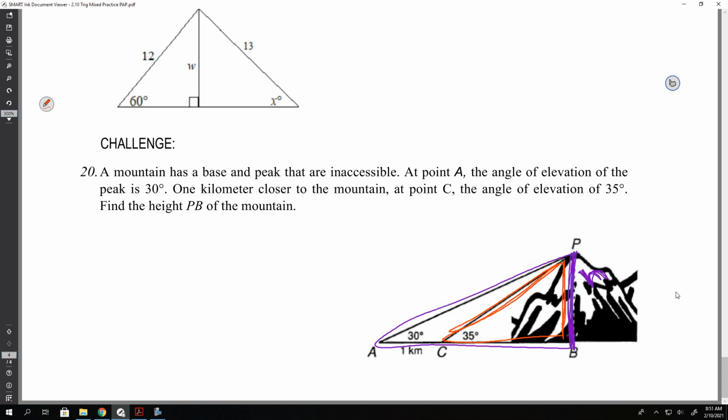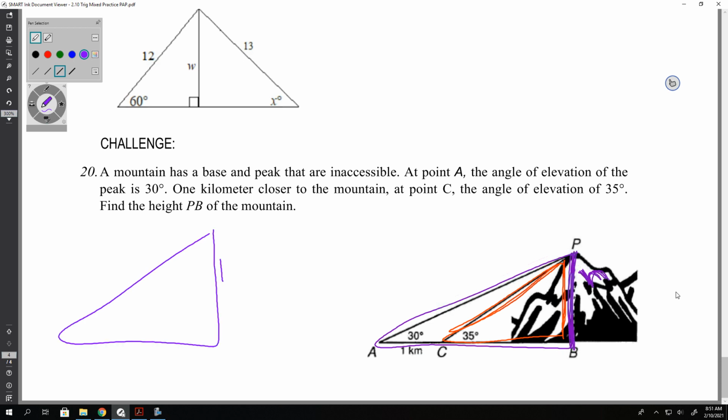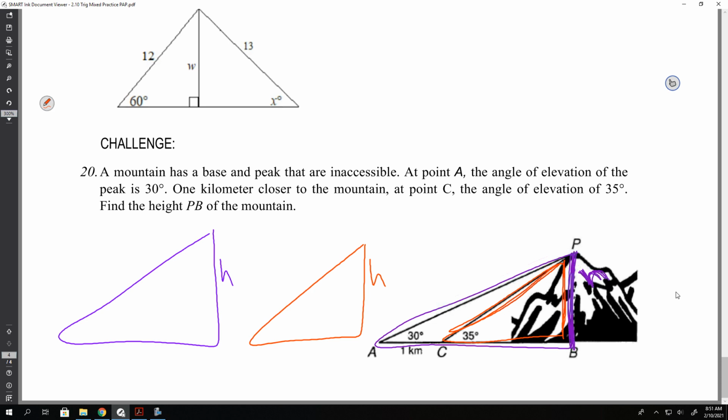That basically is what you're looking at. We have the big one, it's the height. And then we have the smaller one, and the height. They're both H tall. They both take up the whole height of the mountain. But the difference is in the bases.